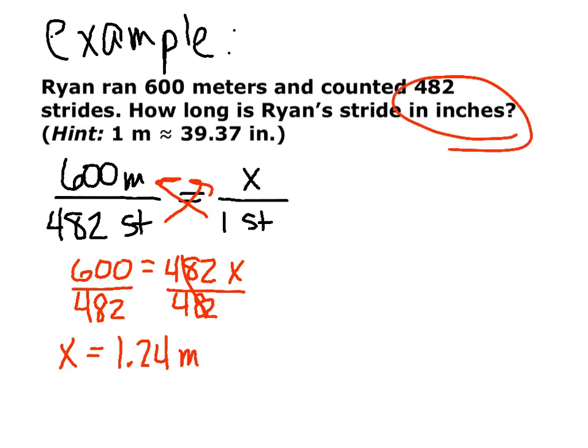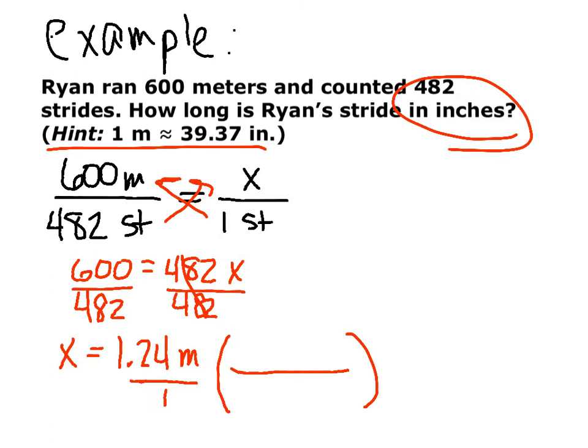Now, what is Ryan's stride in inches? 1 meter equals 39.37 inches. I'm hoping you learned this in science class. If not, we'll do some more examples. If I want to convert meters to inches, I set up a multiplication with fractions. It's just like having this over 1.